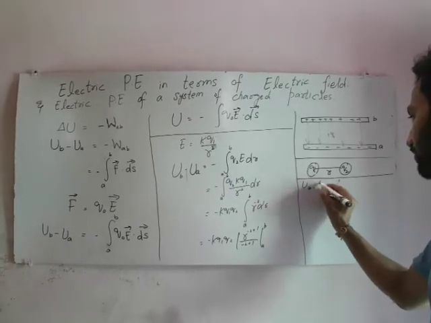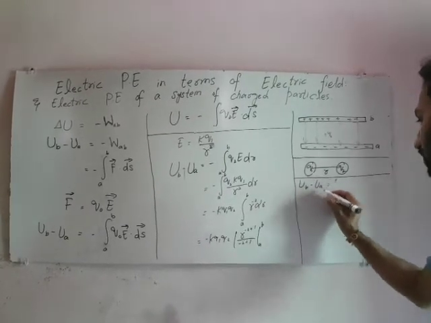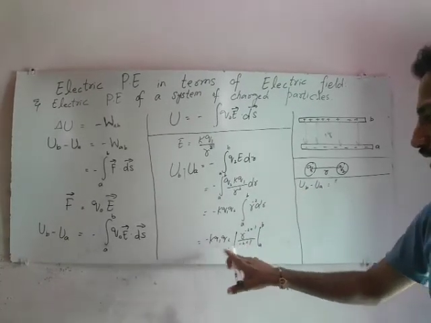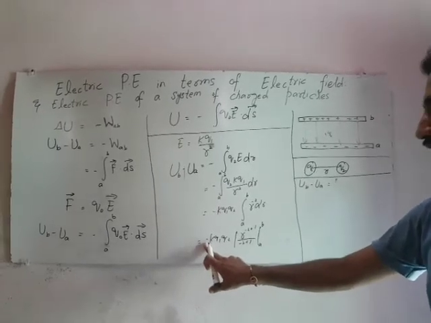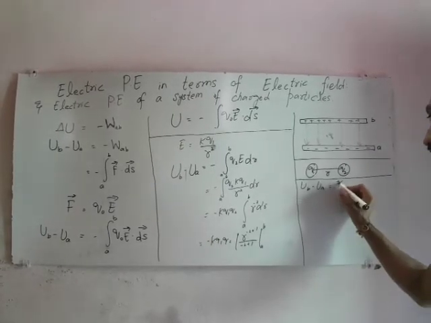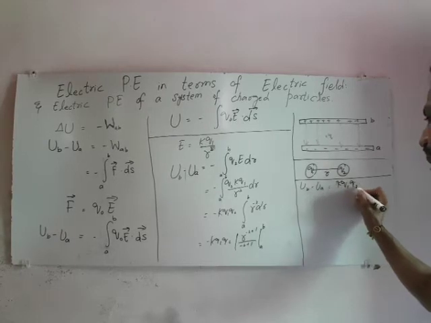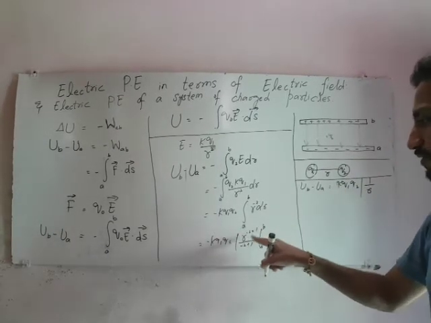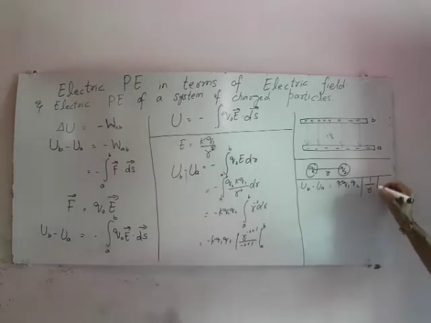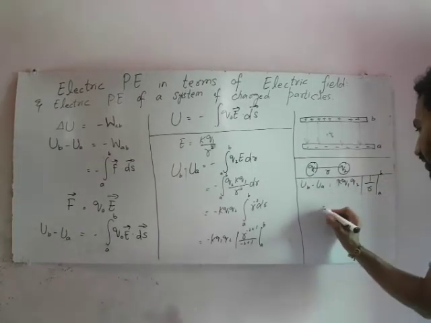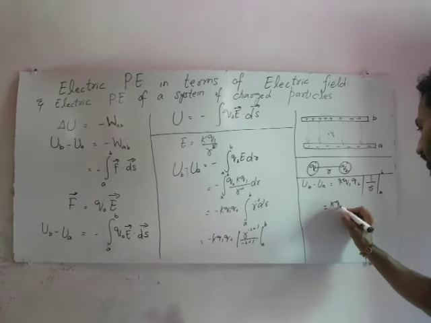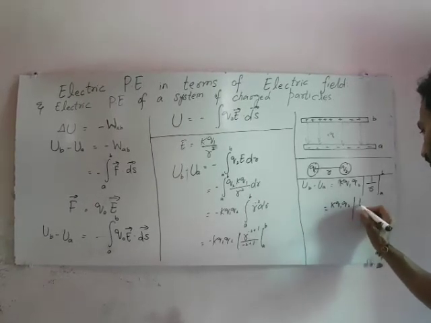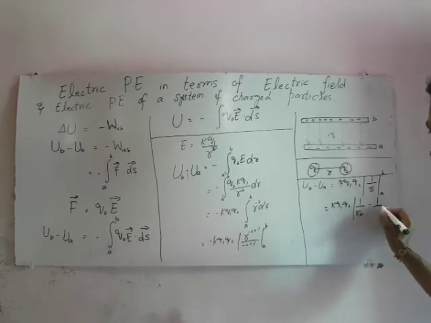UB minus UA is equal to minus, this minus and this minus will become plus k q1 q2 times 1 over r from A to B, because minus 2 plus 1 is minus 1. After putting the limits we will get 1 over rb minus 1 over ra.